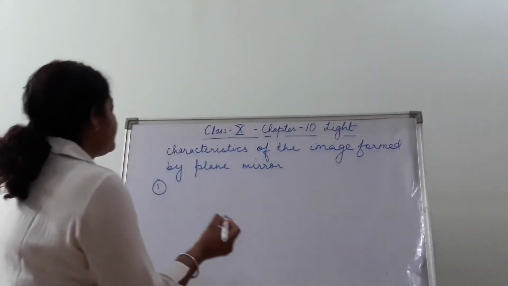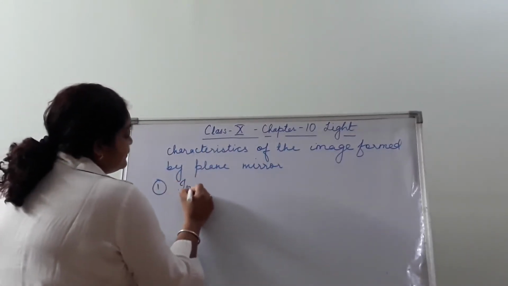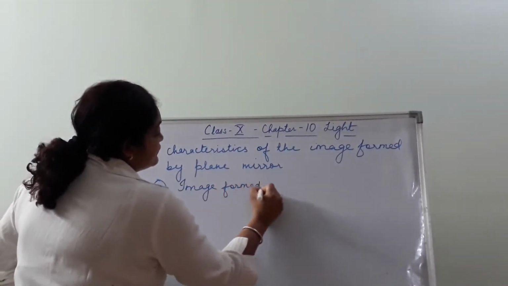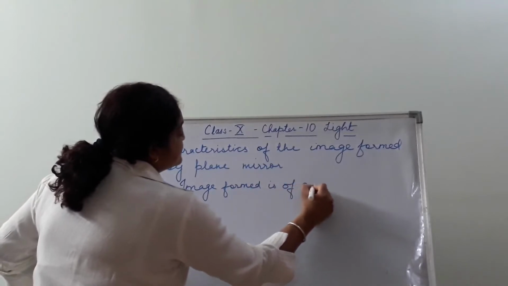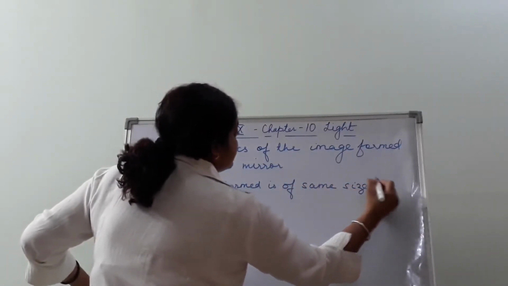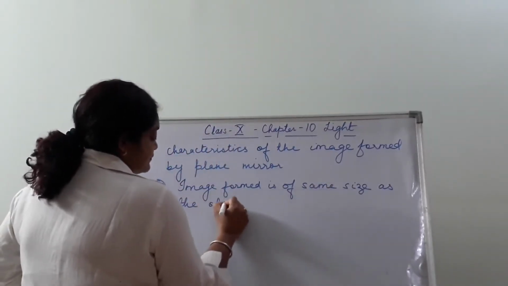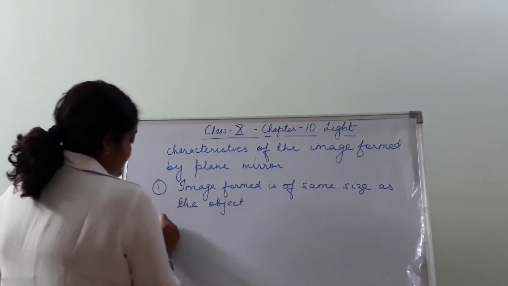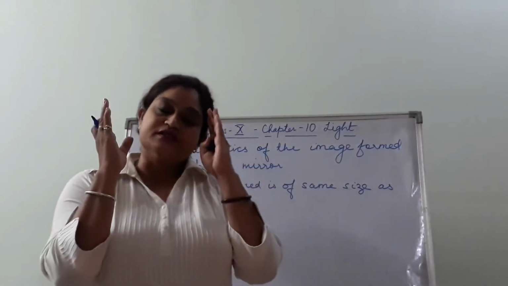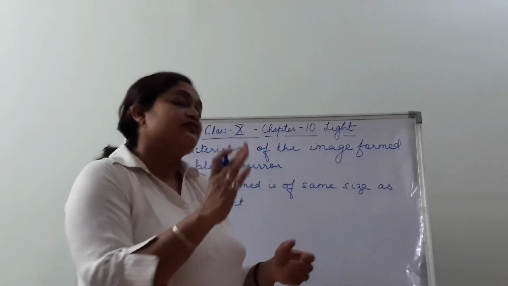So the first characteristic is the image formed is of same size as the object. The image is just a photocopy of yours, so the size is same.